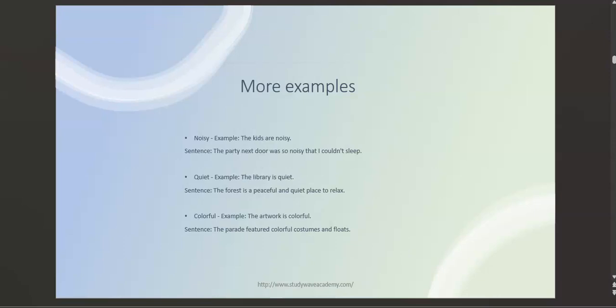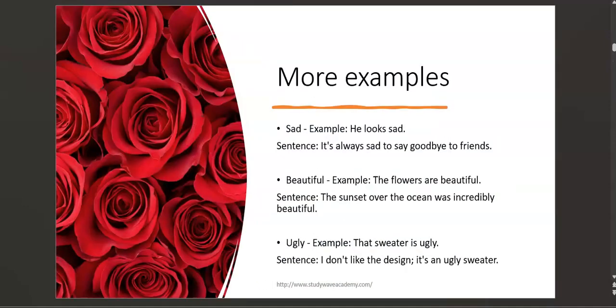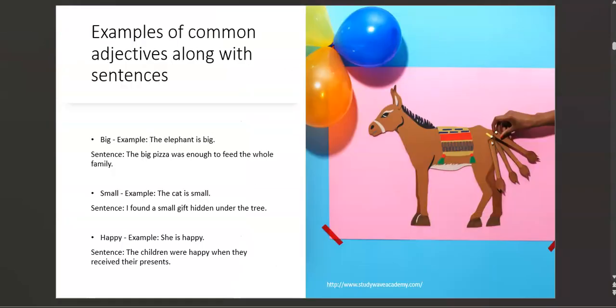Who among you has not heard of any of these adjectives? It would be confusing if you tell me that you've not heard of any of these adjectives that I've mentioned. So these are just the common adjectives that I'm talking about. Big, small, happy, these are common adjectives that you've heard about. You've heard people talking, when people are talking, they use them.